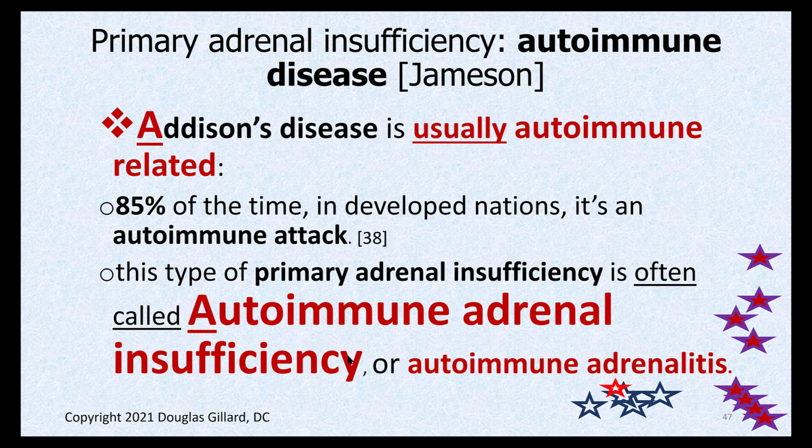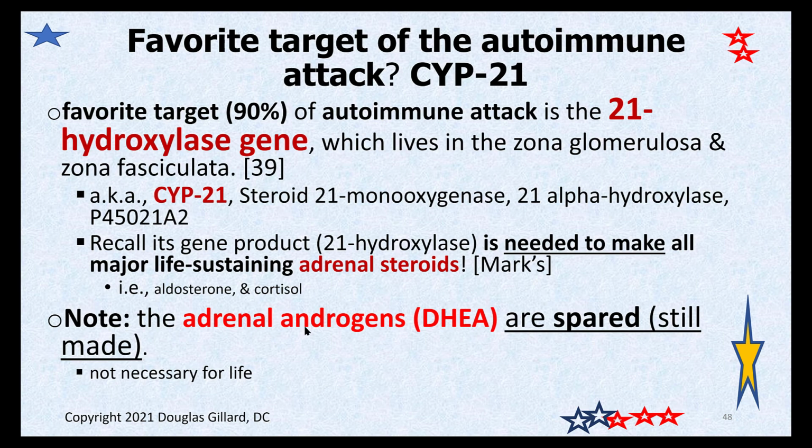This is called autoimmune adrenal insufficiency oftentimes. But I have a feeling on the boards they're not going to say autoimmune adrenal insufficiency because that gives you the answer. They'll probably say primary adrenal insufficiency and make you remember that primary, one possibility is autoimmune, because there are some other ones too, like infection. Again, the favorite target is the 21-hydroxylase gene.